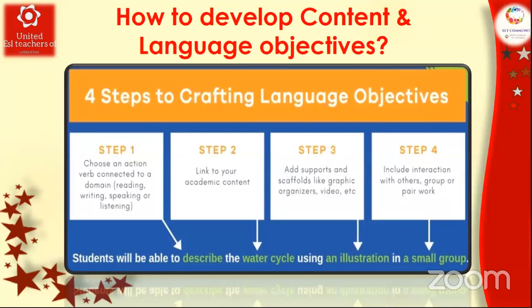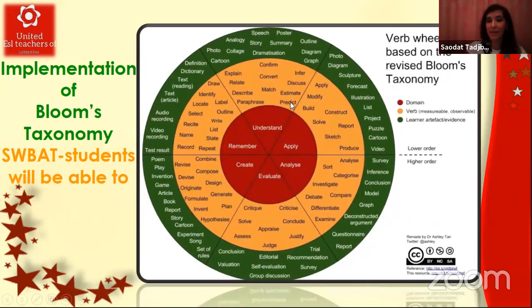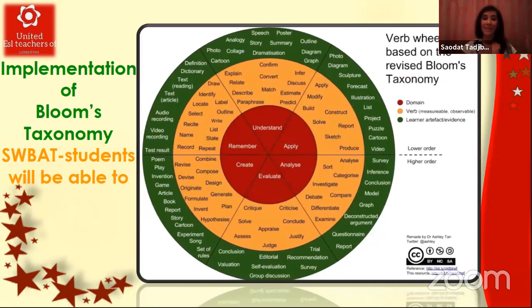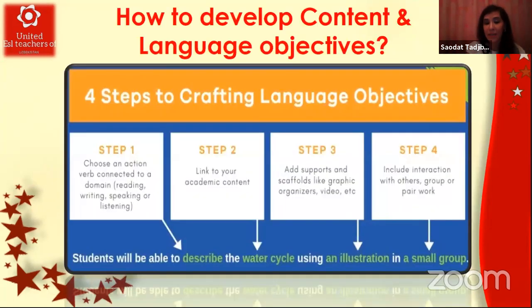And for each domain, for each stage, you should design one sentence like this, which begins with students will be able to. And then at the end of the lesson, while you are assessing your learners, you will check if you have covered all this.